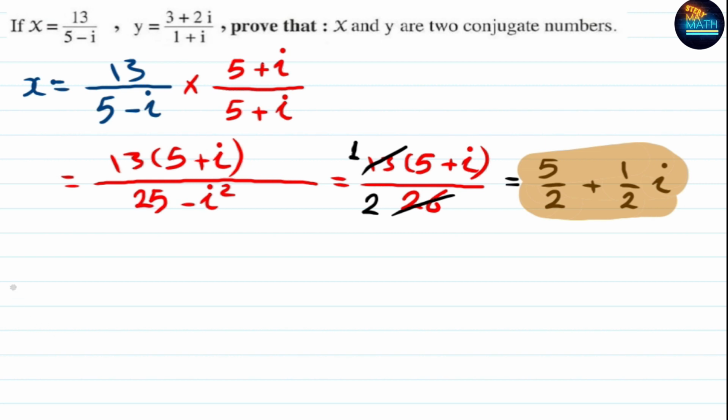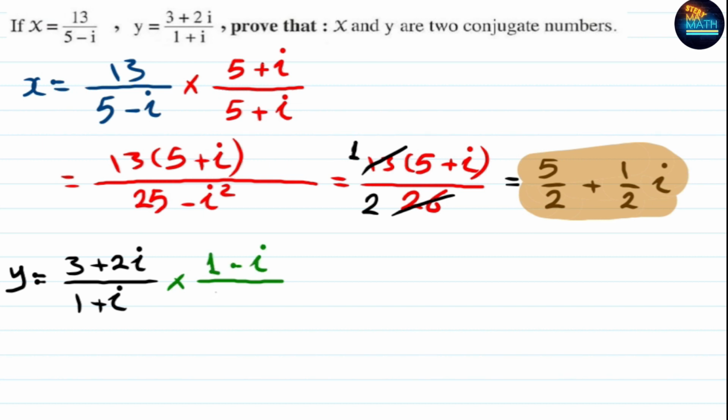Let's start with y now. You have 3 plus 2i all over 1 plus i, and the conjugate of the denominator is 1 minus i, just changing the sign of the imaginary part. Now here, because they are complex numbers in the numerator, you can distribute each number in the first parenthesis, 3 times 1 and 3 times negative i, and then go back to multiply 2i by 1 and 2i by negative i. 3 times 1 is 3, and 3 times negative i is negative 3i.